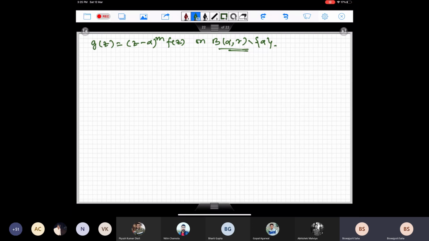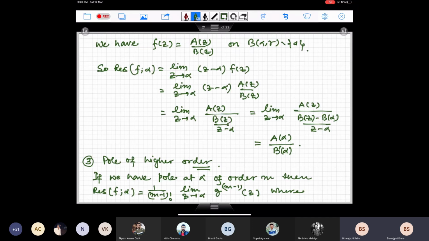So on this deleted neighborhood you have this function g, which you obtain by clearing the denominator, and then you differentiate that function, or that particular power series, m minus 1 many times and evaluate at z equal to alpha, thereby you get the residue at alpha. Okay, so this is precisely the content of finding the residue at alpha.